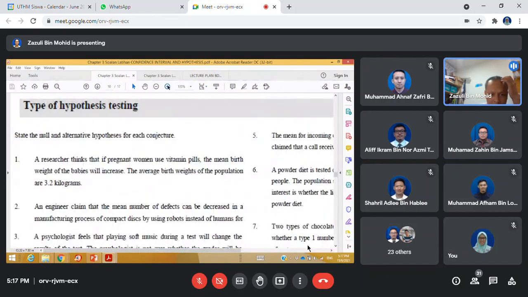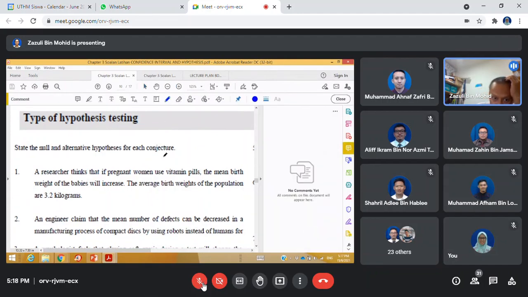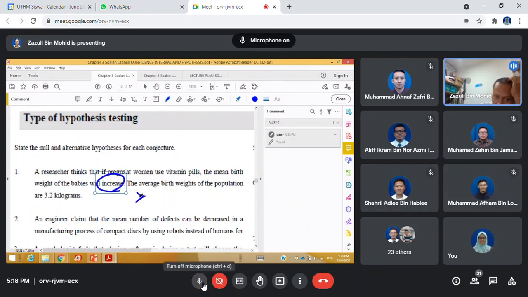A researcher thinks that if pregnant women use vitamin pills, the mean birth weight of the baby will increase. When it says increase, then your alternative hypothesis must be larger than.